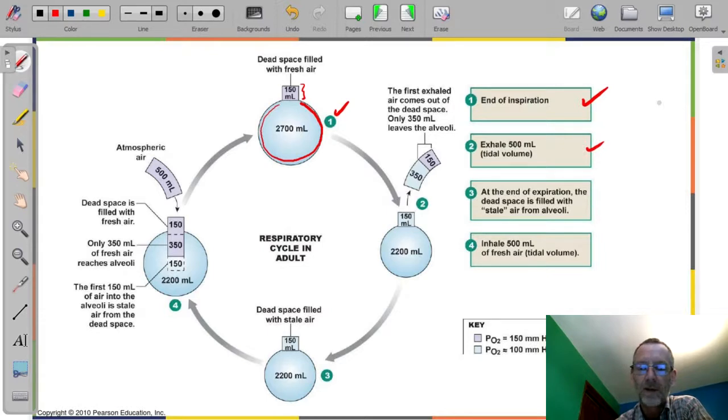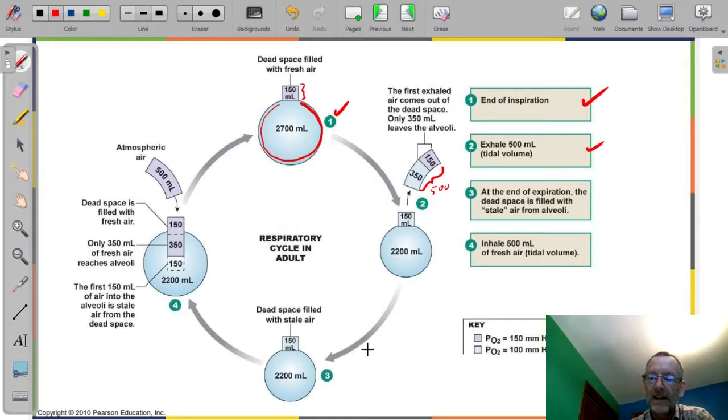We exhale the 500 mils. Here is the 500 mils. 150 of that was in the bronchioles, the trachea, the oral cavity, and 350 came out of the alveoli. So we exhale that. The volume went from 2,700 to 2,200, so we lost 500 mils, and that's what we exhaled.